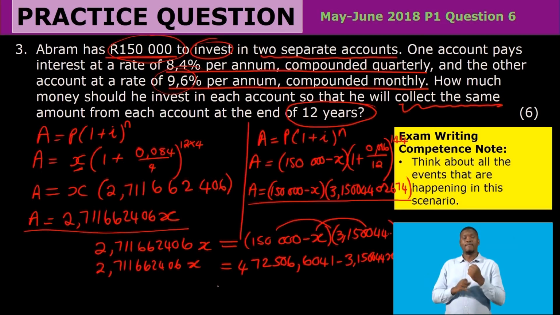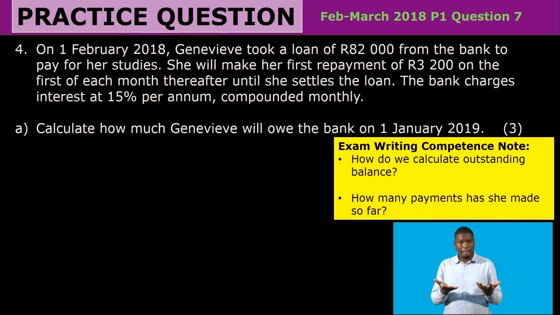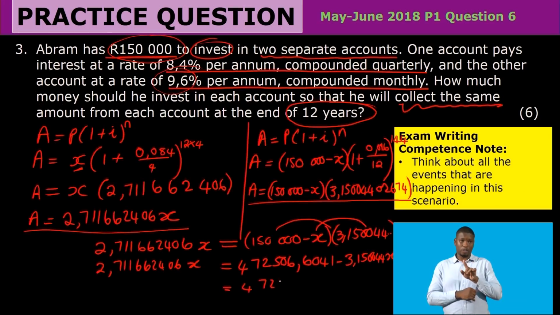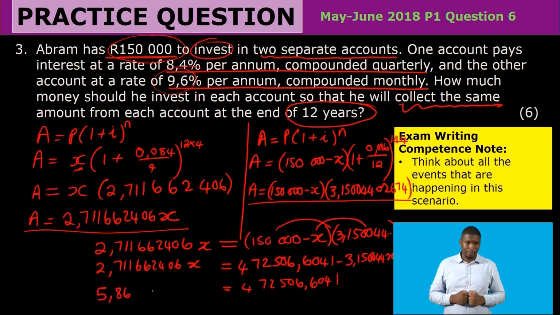And then when we simplify this by, of course, bringing the X values to one side, on this side we still have that value of 472,506,6041. On this side, when we bring over the X, it will be 5,861,706,433X.